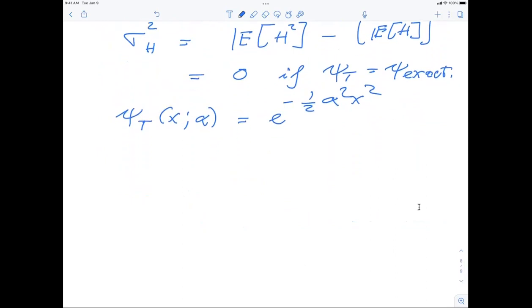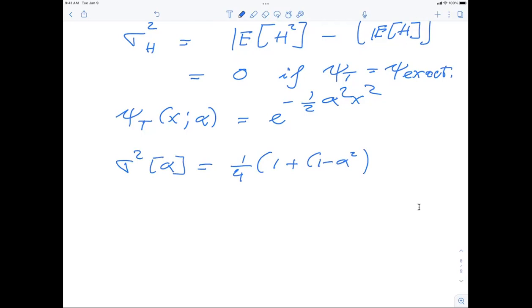Now, if I look at the variance of the energy for this specific system, and I write this as a function of alpha, you can get an analytic expression, which I'm just going to list: 1 plus 1 minus alpha squared.